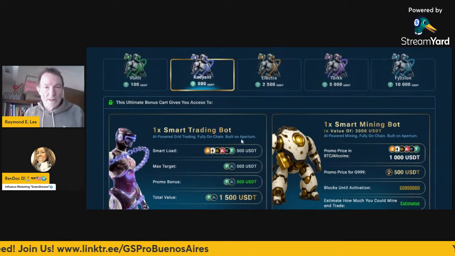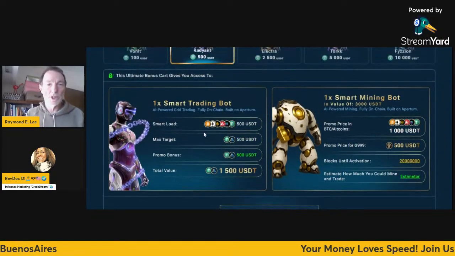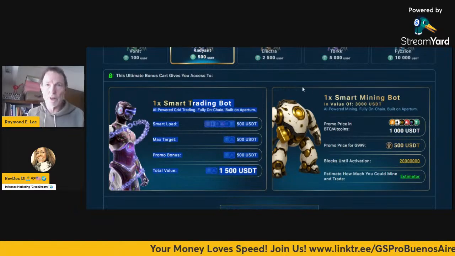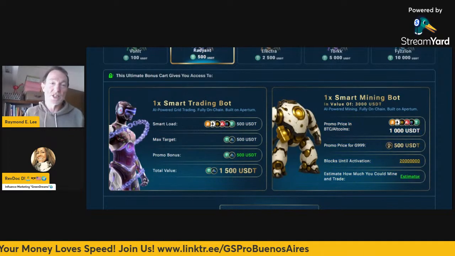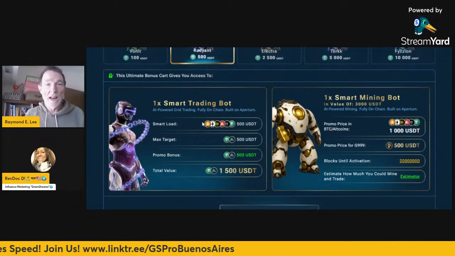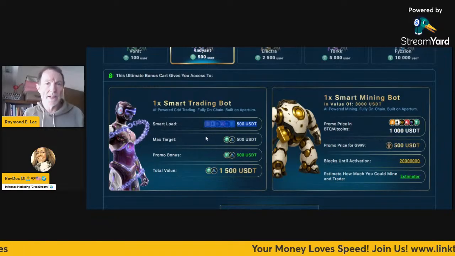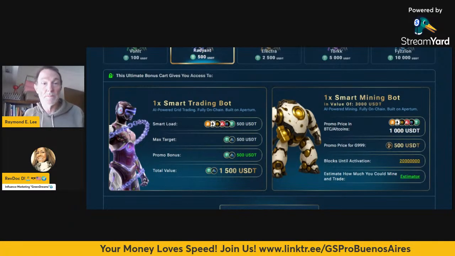With this Radiant, this 500 USDT purchase gives access to the smart trading bot and the smart money bot. The smart trading bot allows a 500 USDT load, and it will trade up to the target of 500 USDT.